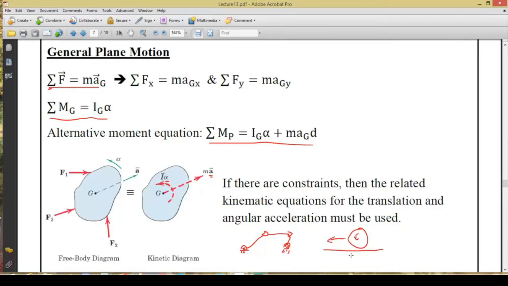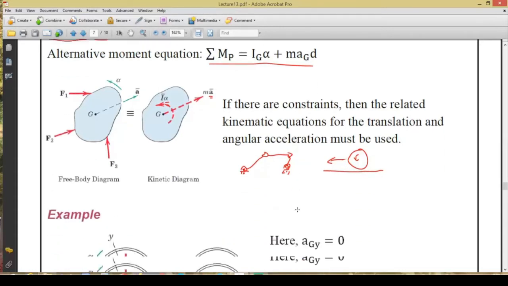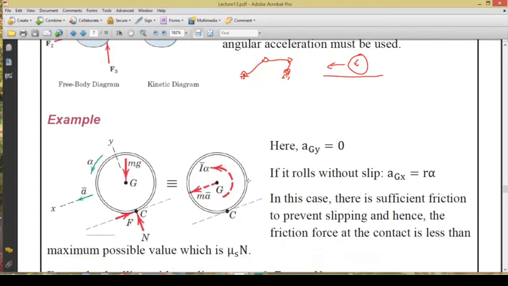How that becomes a relation is due to the friction. If the friction is sufficient enough, then there's a direct kinematic relationship in between these two. We're going to take a look at an example based on this rolling action.